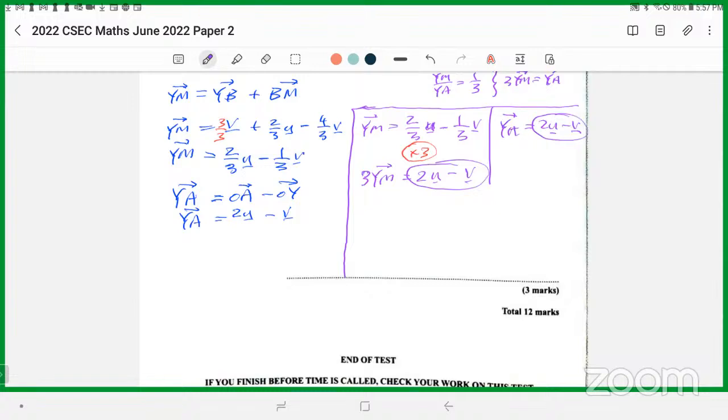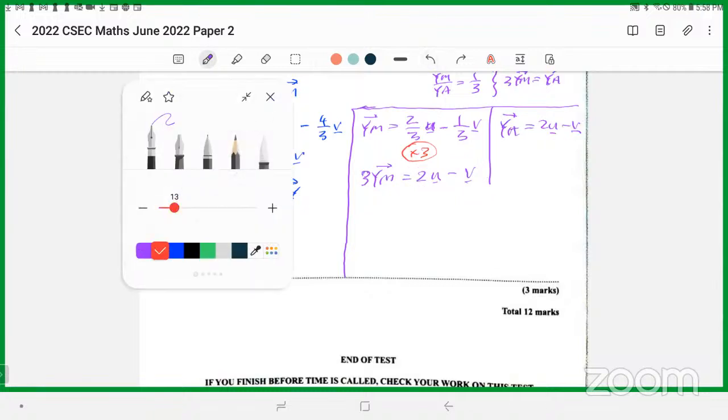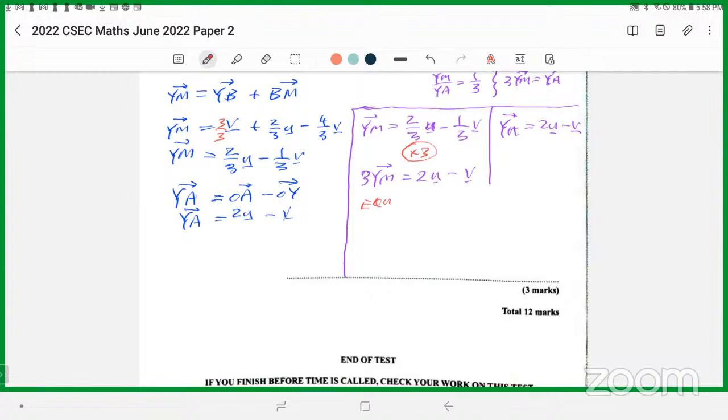So now we can equate this to this, and so 3ym equals ya. You can equate them because they are already equal. And when you equate, you're going to get 3ym equals ya.